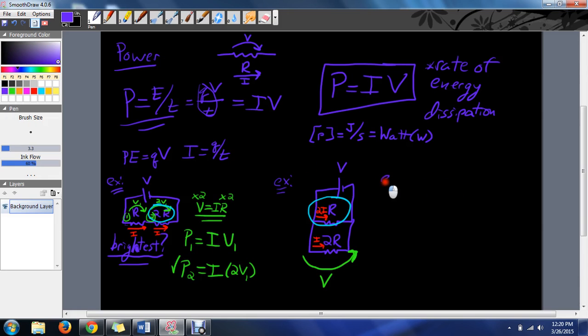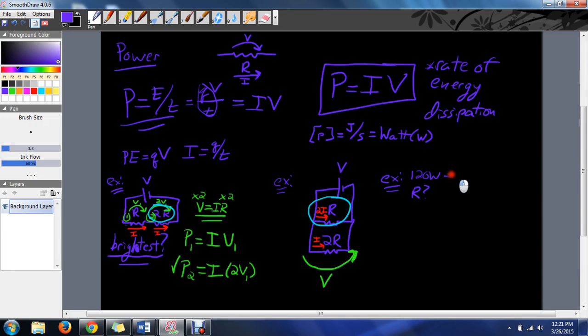Example number 3. Say we have a 120 watt light bulb. What is its resistance? So notice how light bulbs are categorized by their wattage. But that's assuming that you are in the United States.